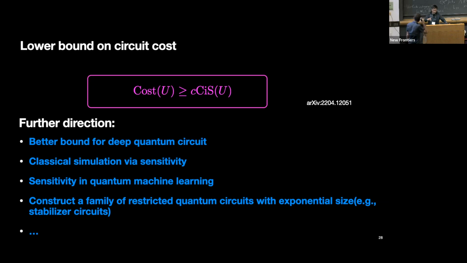But for each layer, if we restrict the gates to be CNOT, T, and S gates, you have a finite choice, like a finite choice to the power of n, and how many layers do you need to generate 2 to the power of n squared number of gates? So the number of layers we need is exponential.